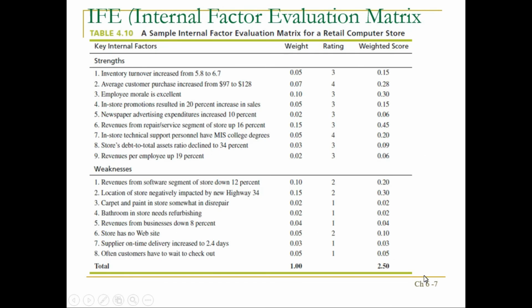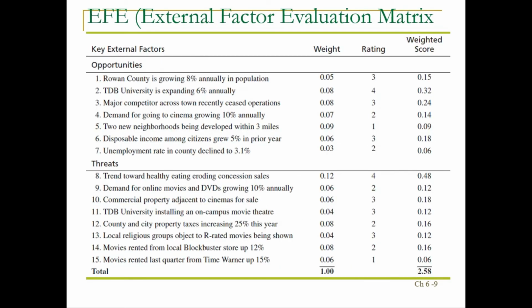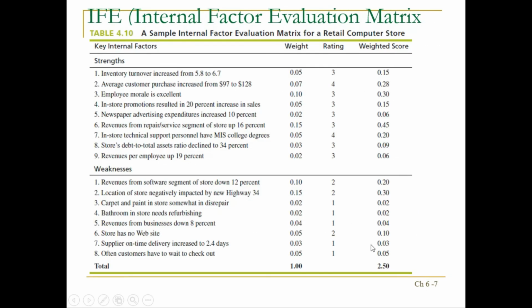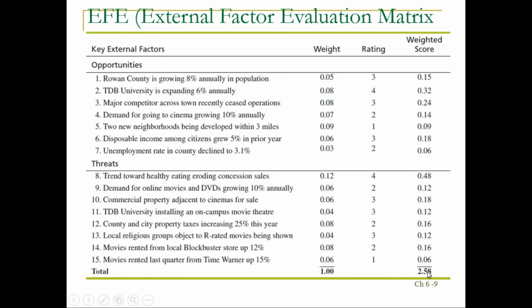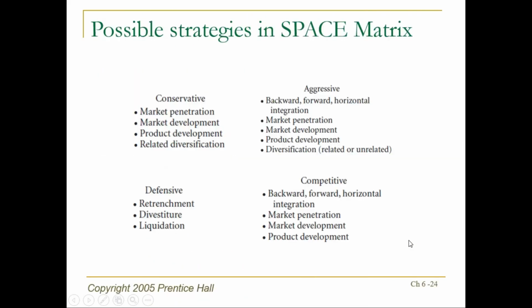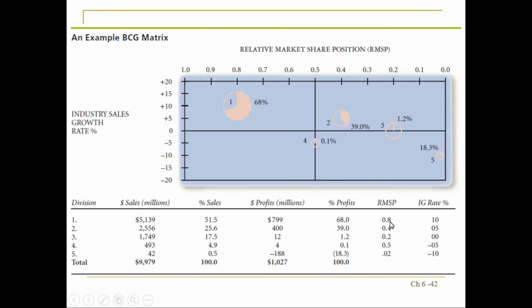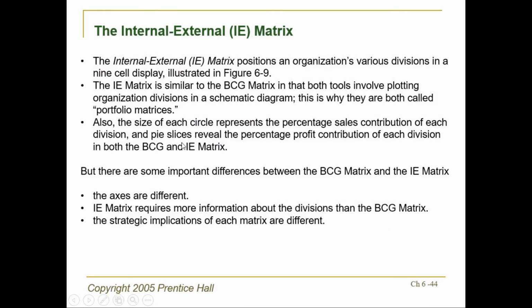So the internal factor evaluation matrix gave us 2.5, and the external matrix gave us a total score of 2.58. By taking these total scores, we are now in a position to locate the firm here.